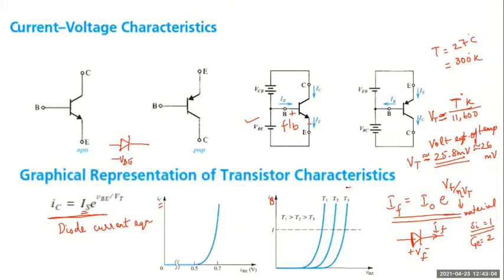So it's the same equation, only we are replacing these quantities. We are interested in collector current. We are calling the reverse saturation current IS. And we know the forward bias voltage is between base and emitter junction. Neta is 1. So it is e power VBE by Vt. So this clearly represents an exponential relationship between IC and VBE.